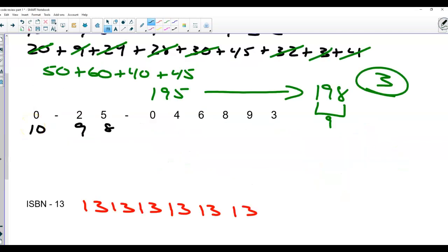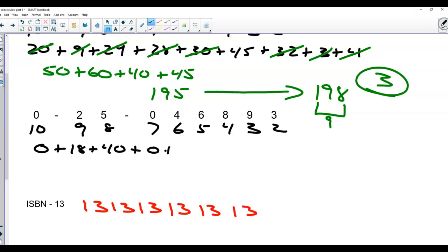10, 9, 8, 7, 6, 5, 4, 3, 2. 0, 18, 40, 0, 24, 30, 32, 27, and 6.